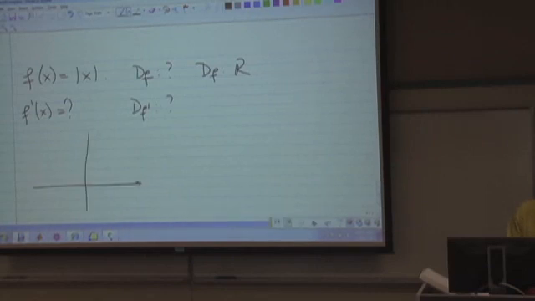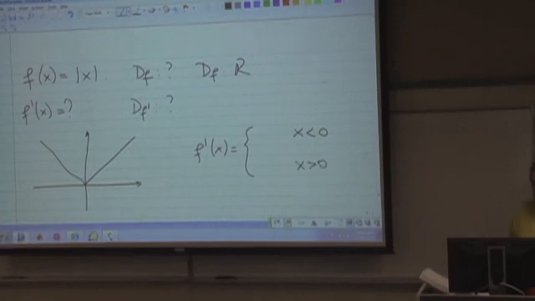What is the graph of f? Everybody knows this one. A V. Right? So f prime of x is what when x is less than 0? Negative 1, and positive 1 on the other side. Do you understand why?